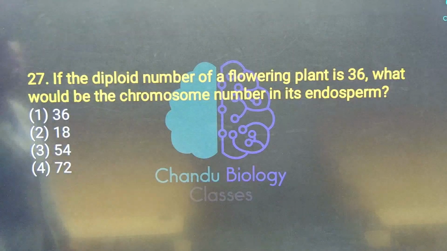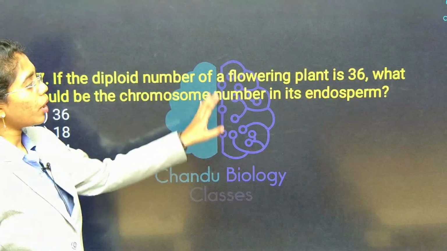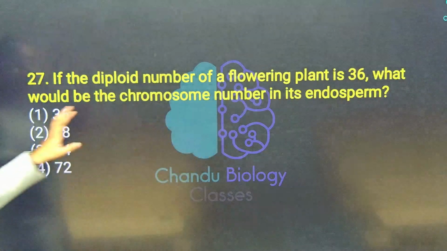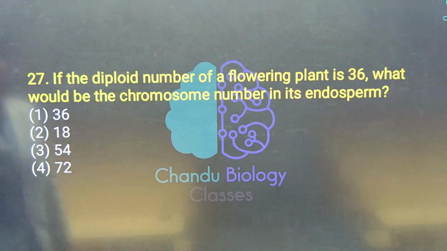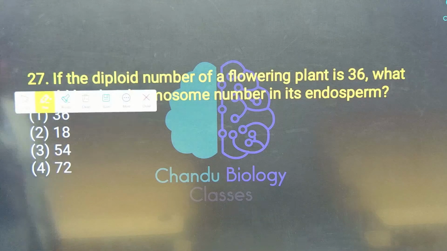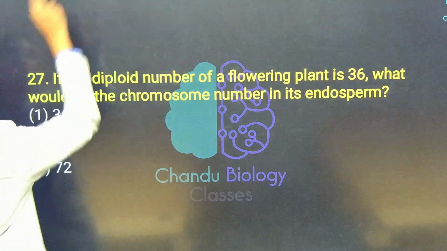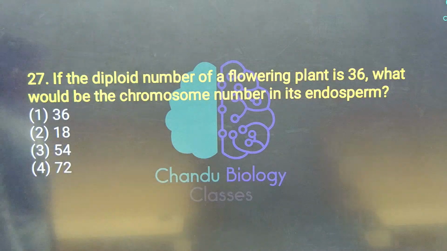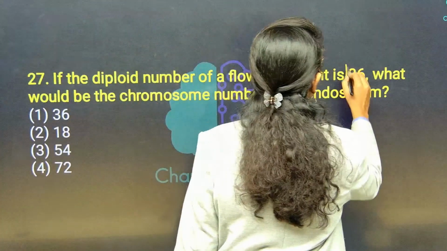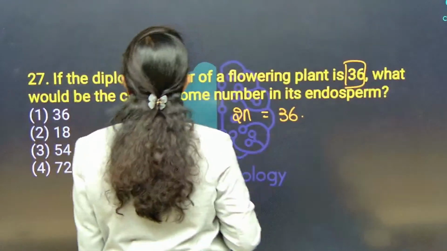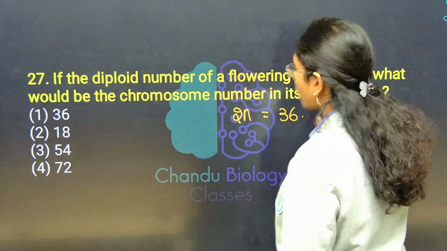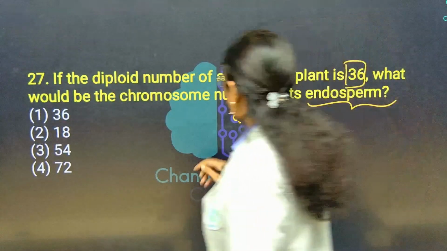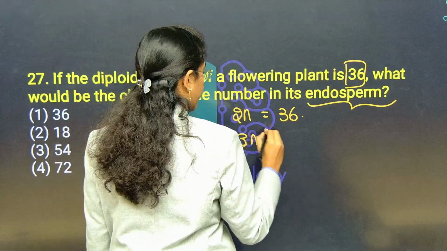Next question. If the diploid number of a flowering plant is 36, what would be the chromosome number in the endosperm? Very simple question. Endosperm ploidy will be triploid.